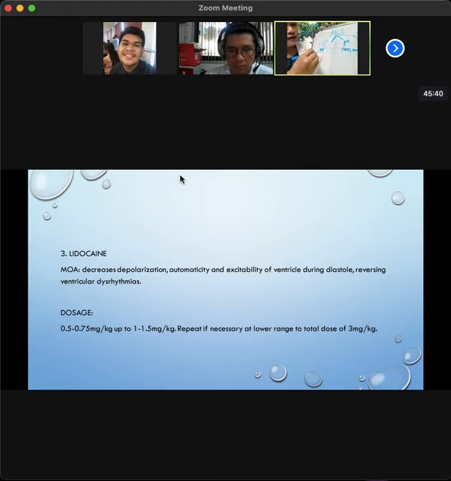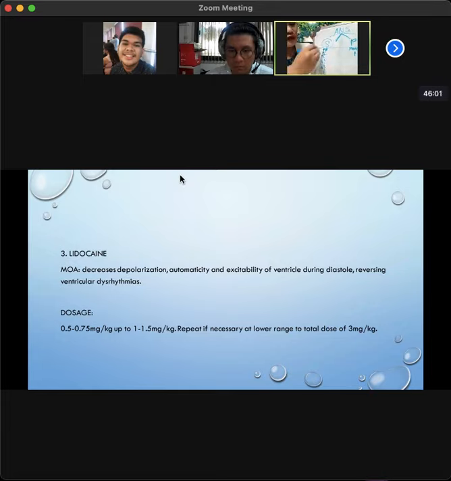So first, we have to know your receptors responsible for your sympathetic. We have the alpha 1 and 2, the beta 1 and 2, and the dopamine 1 and 2.